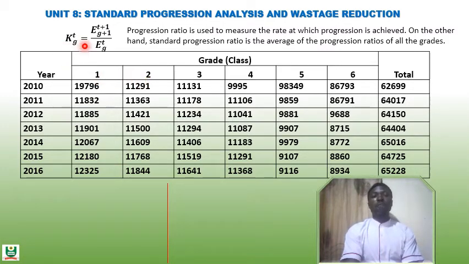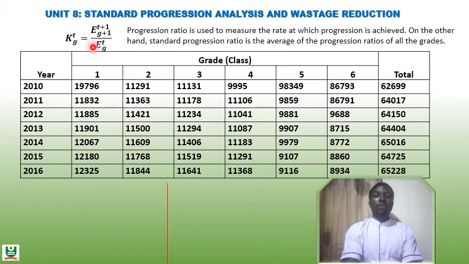So if we are talking about the progression ratio of students or pupils from grade 1 to grade 2 now, the grade concerned here is 1. Then they are progressing to grade 2.